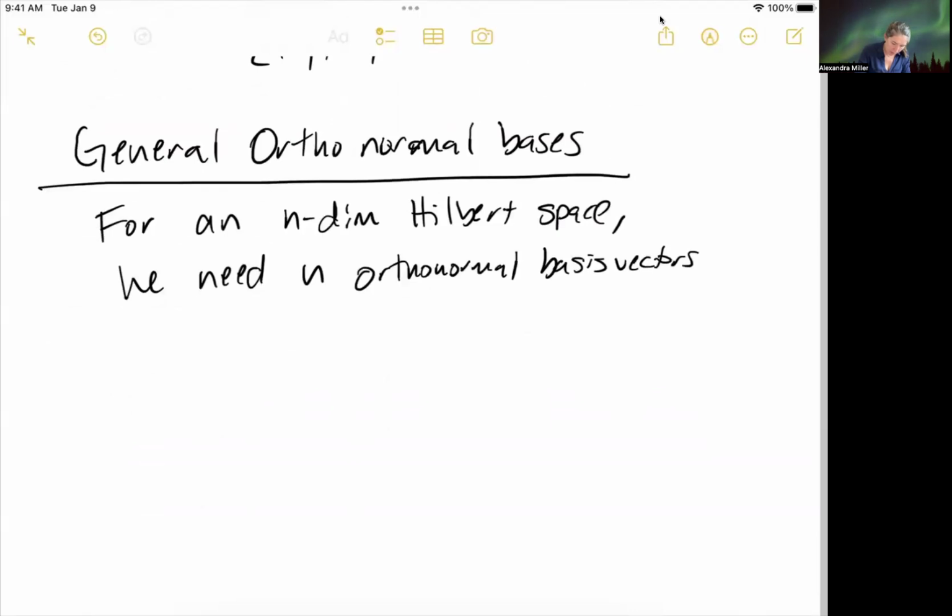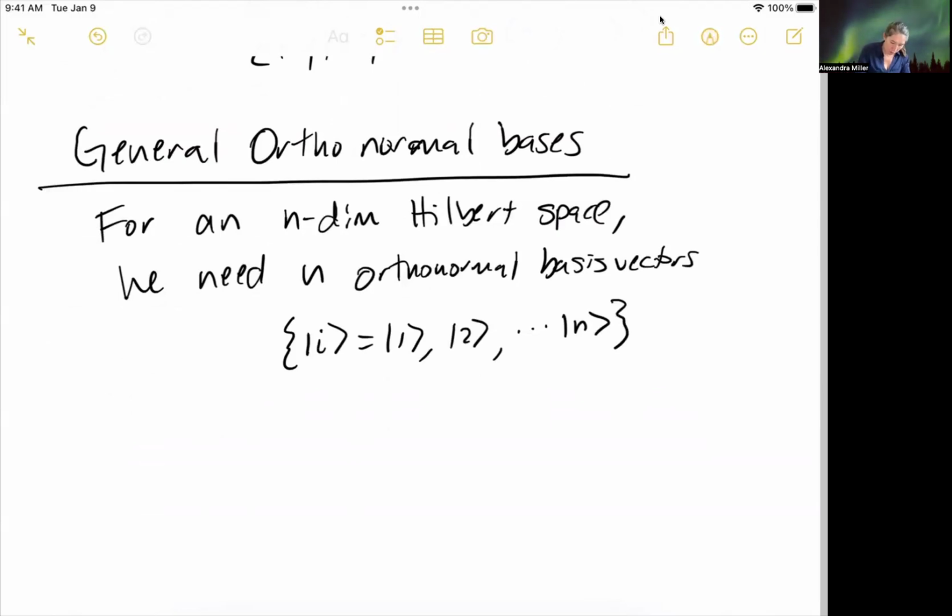And so we can say we have some set, which here I'm just labeling 1, 2, 3, because depending on what physical measurement you're looking at, you might name them different things. But we have n of them. This is our set of basis vectors.